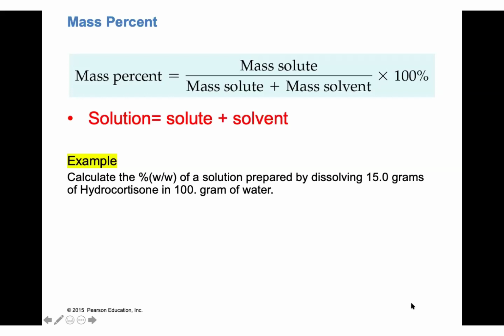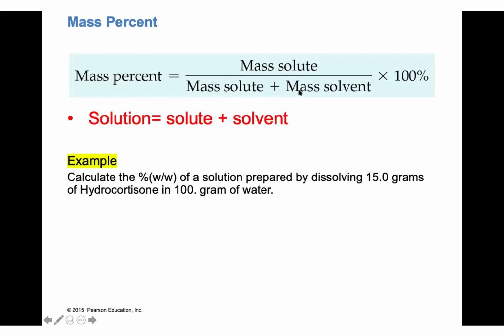Okay guys, let's do another type of question which can be given in mass over mass percent. We just abbreviate it to mass percent. Mass percent equals mass of solute over mass of solute plus mass of solvent. What does it mean?